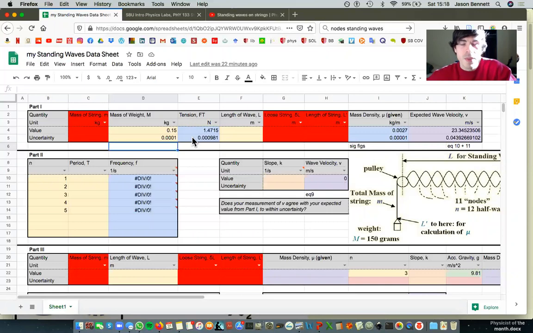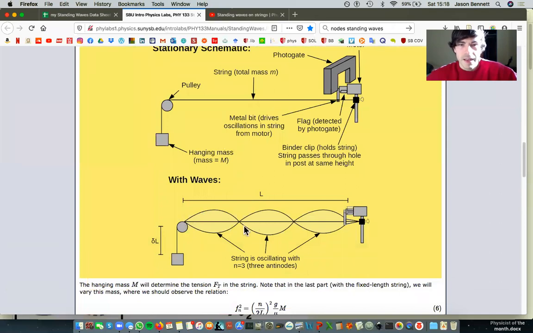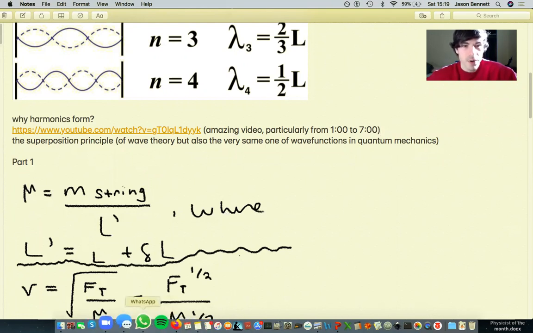Getting the tension, in previous years, what we would do is take the length of the string being excited, taking the loose string, and adding them up into a quantity called L dash. And the idea was to take the mass density as the mass of the string over L dash, but we're not doing that this year, so ignore that part.